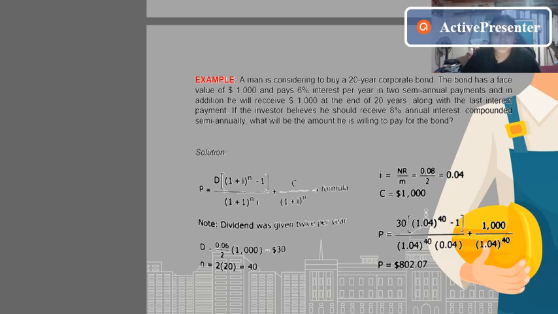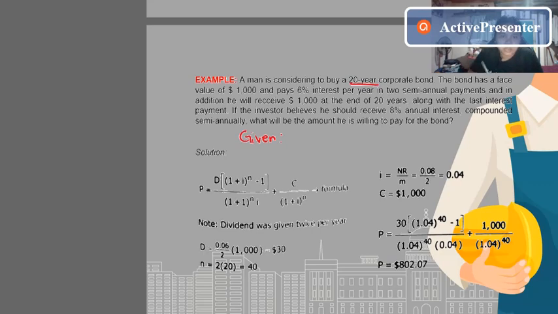If the investor believes he should receive 8% annual interest, compounded semi-annually, what will be the amount he is willing to pay for the bond? The problem gives us a 20-year corporate bond.